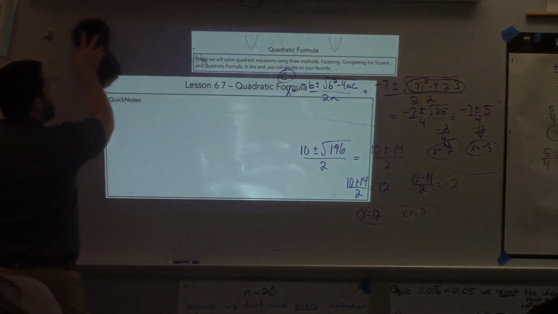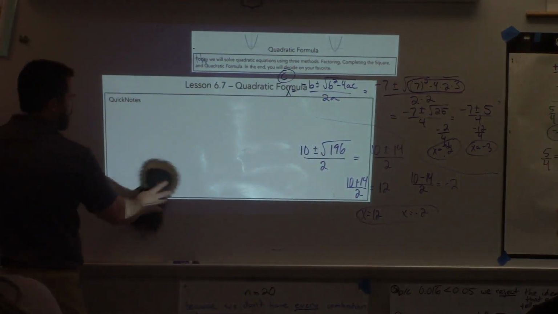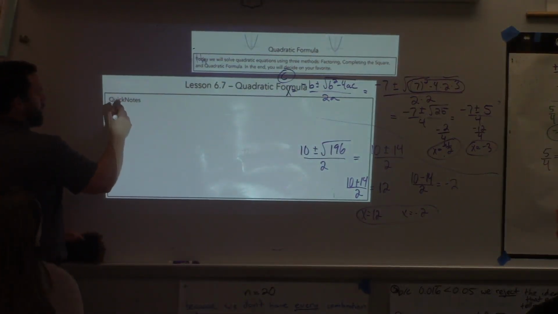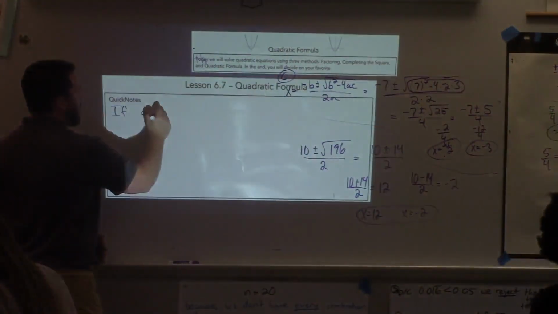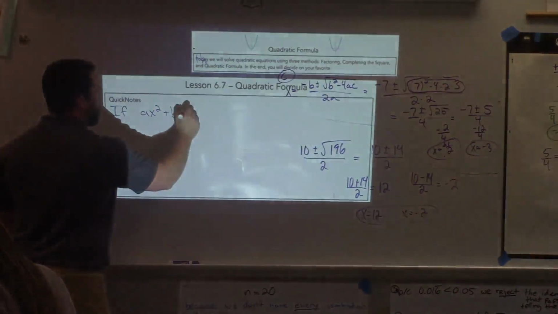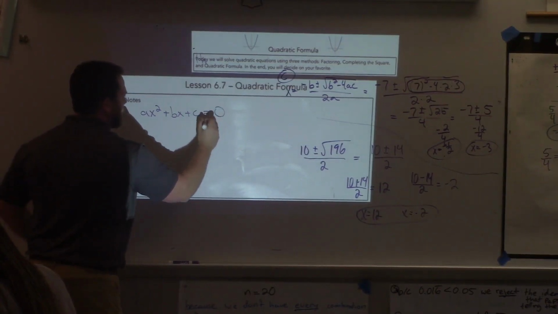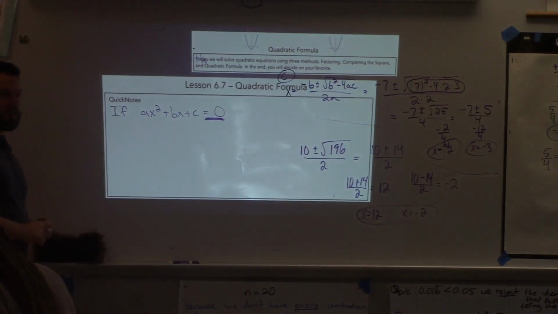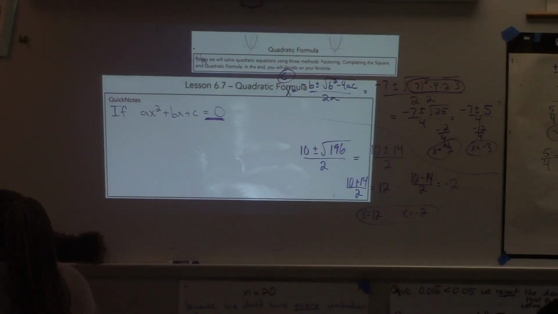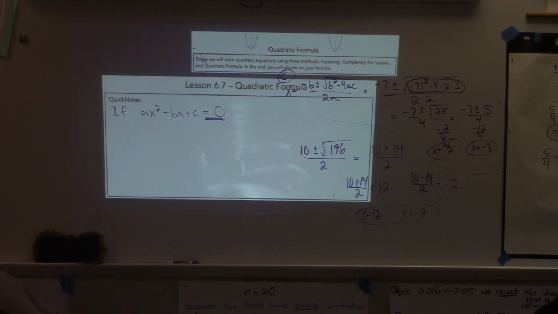I need y'all to attend to this very closely. If ax squared plus bx plus c equals 0. Guys, I need y'all to hear me very clearly. If your quadratic equation does not equal 0, then you cannot use the quadratic formula.